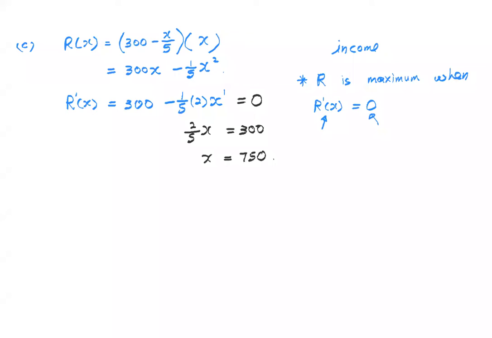So find the increase. I haven't answered the question yet, but I have to draw the sign diagram of f prime x. So you see this question is 4 marks. After this I will show you how I give you the 4 marks. Okay, so that is 750. Since the question is talking about maximum, I know this is a plus, this is a minus.